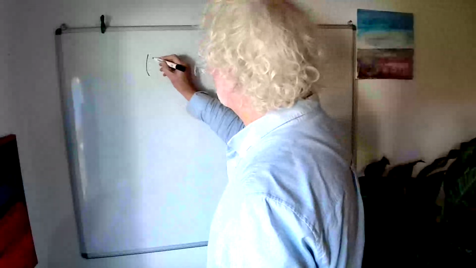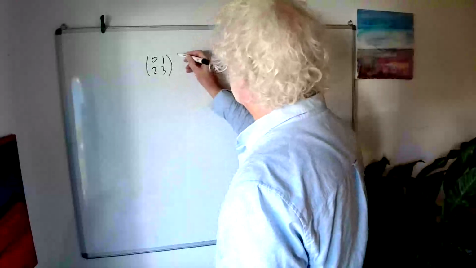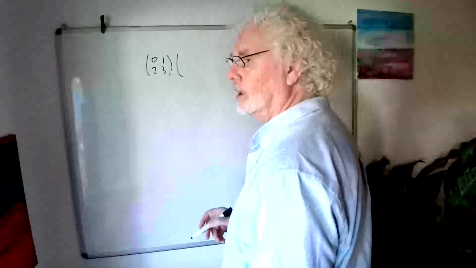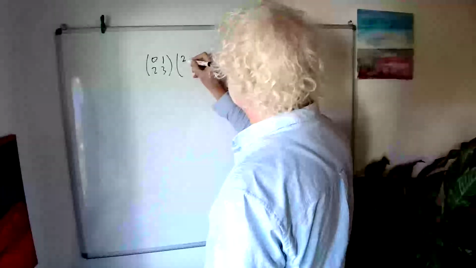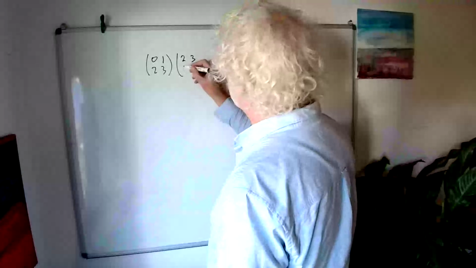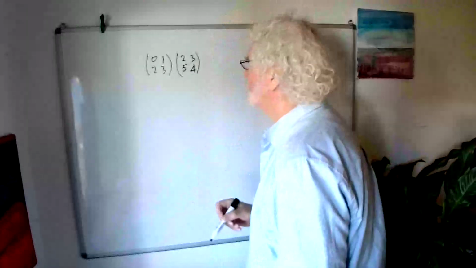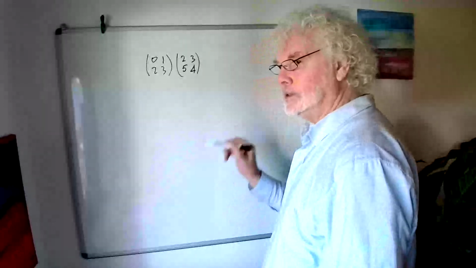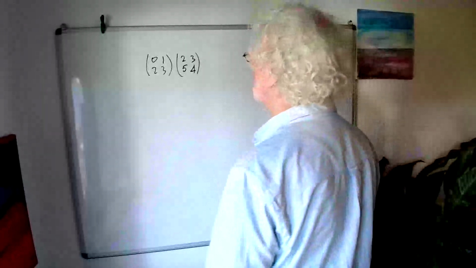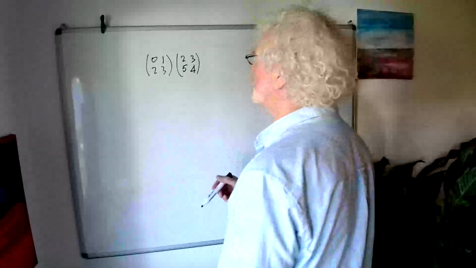So say we have 0, 1, 2, 3, and we multiply it by, I don't know, 2, 3, 5, 4. And what you do, it seems a bit odd, it's a bit of a funny thing, but there is a very good reason why it's done this way.